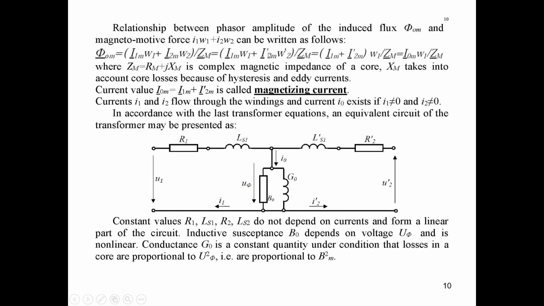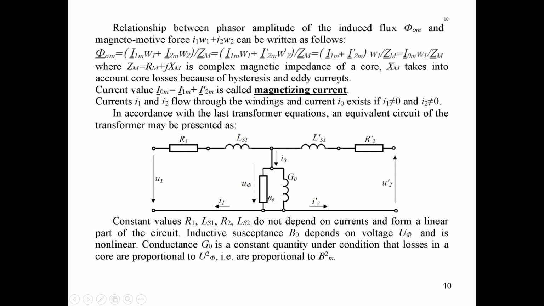We write down that it's equal, instead of I2 maximum W2, we write I2 maximum prime multiplied by W2 prime, and we choose this primed parameter in such a way that this product equals this product, because here the number of windings of the primary parameter is considered to be bigger, and now the current on the primed side will be less. So this product will be the same.